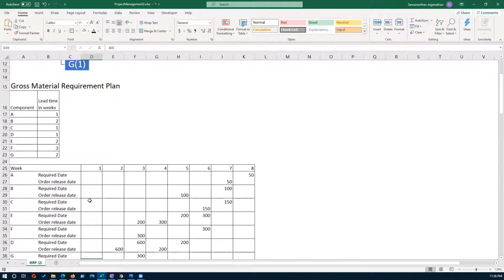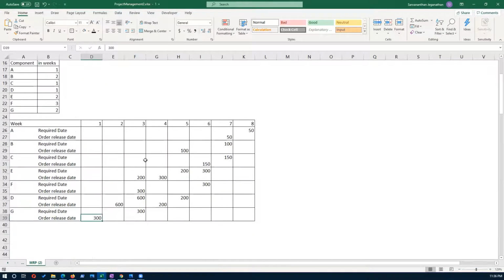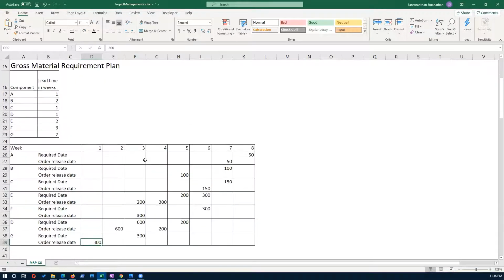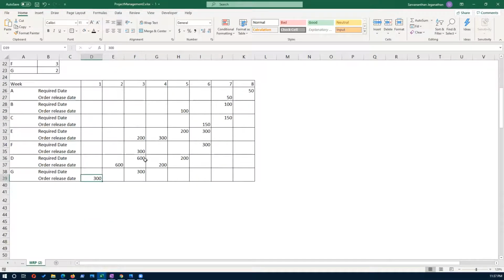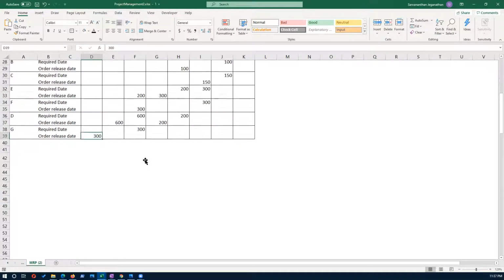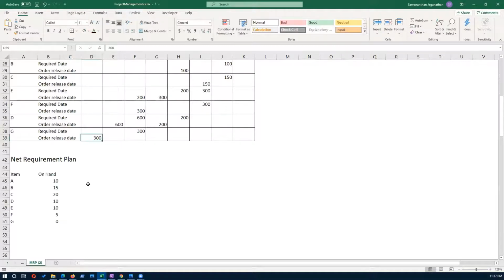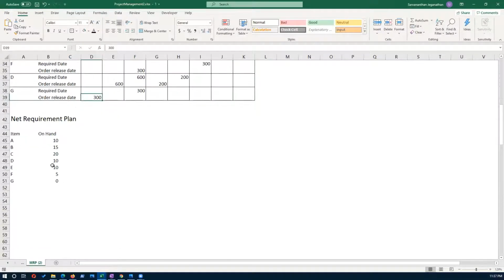Now, this gross material requirements plan does not consider things such as the inventory at hand. So let's look at the net material requirements plan. Let's say you have some inventory at hand, and in that case, you have to consider that inventory for each item.